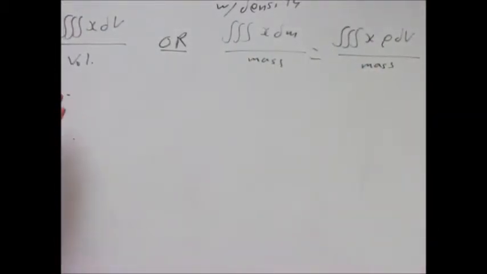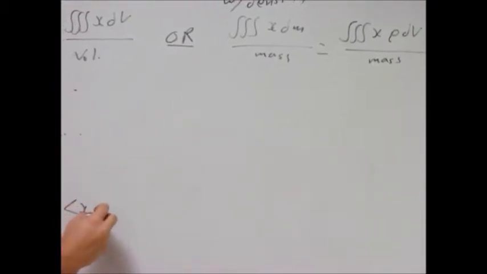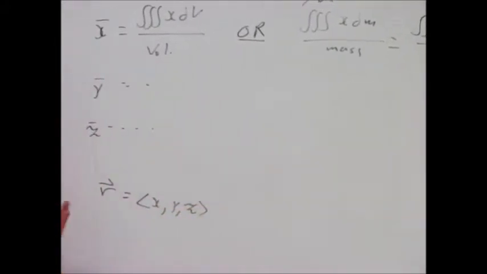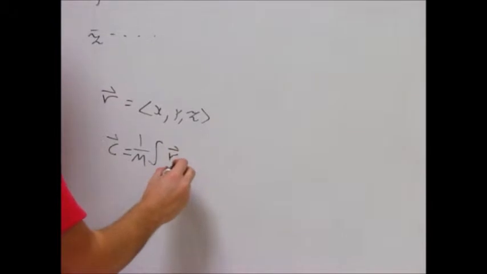So that's another average. And of course, in the most general form, if you wanted to combine x, y, and z together, we know that r, your position vector, is x, y, and z. So if you want your center of mass as a vector, you can just say it's the integral of r rho dV divided by the mass.